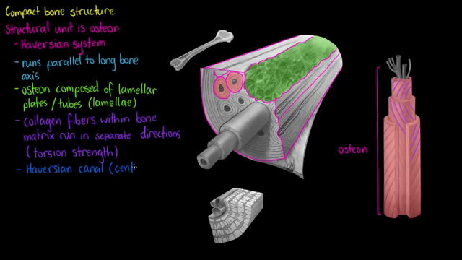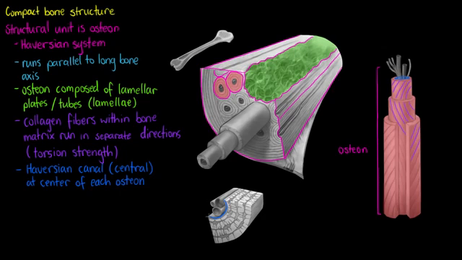And the next part of the osteon that we're going to look at is our Haversian canal, or the central canal. And this is why we sometimes call the osteon the Haversian system. Now the Haversian canal is at the center of each osteon. And I'm just going to outline a couple so we can see it here.